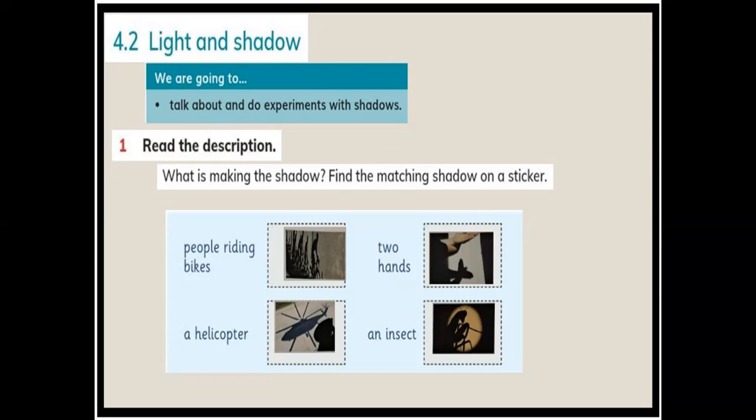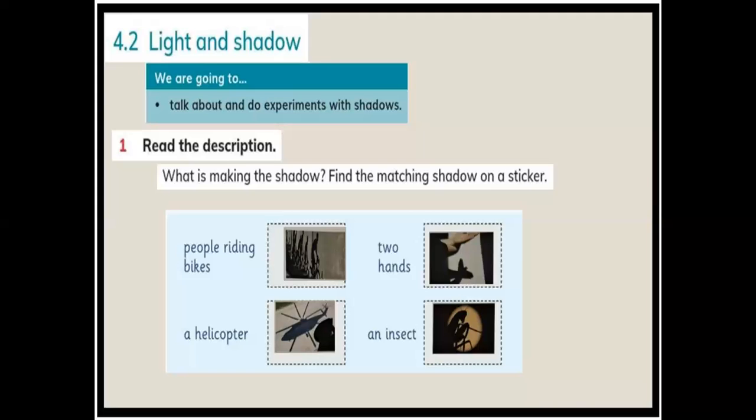Question number 1, read the description. What is making the shadow? Find the matching shadow on a sticker. So the first one is people riding bikes. These are the shadows of the people. They are riding bikes. At the end of your books, there are stickers related to your topic.